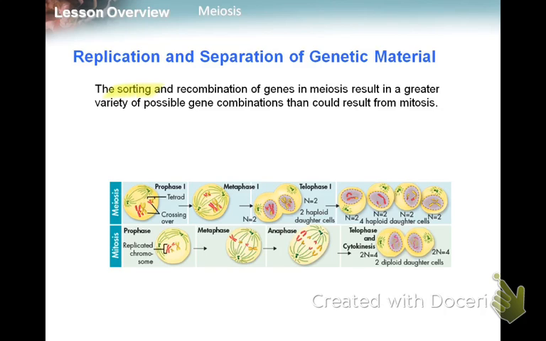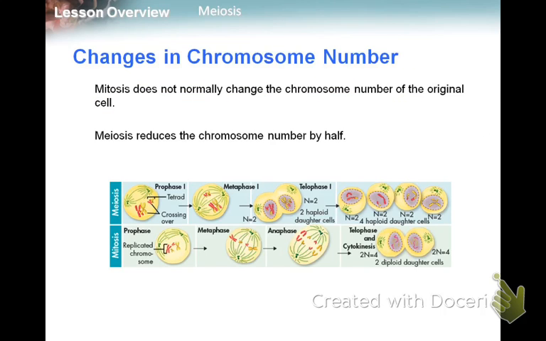The crossing over process, the sorting and recombination of genes in meiosis, result in variety. In mitosis, the daughter cells are identical. Mitosis doesn't change the chromosome number. Meiosis reduces it by half.